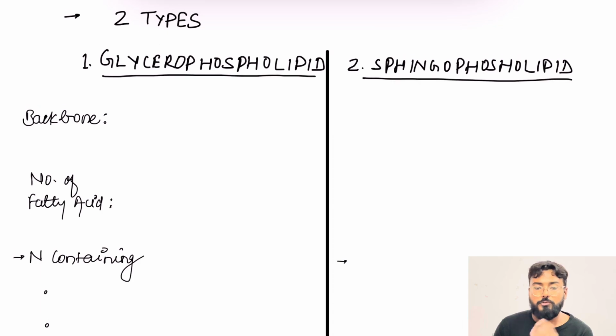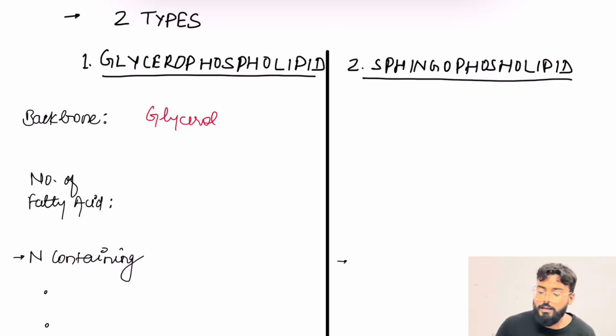Now there are two types of phospholipids, that is your glycerophospholipids and your sphingophospholipids. What are the differences between these two kinds? In glycerophospholipids, the alcohol that forms the backbone is your glycerol, that is obvious by the name.